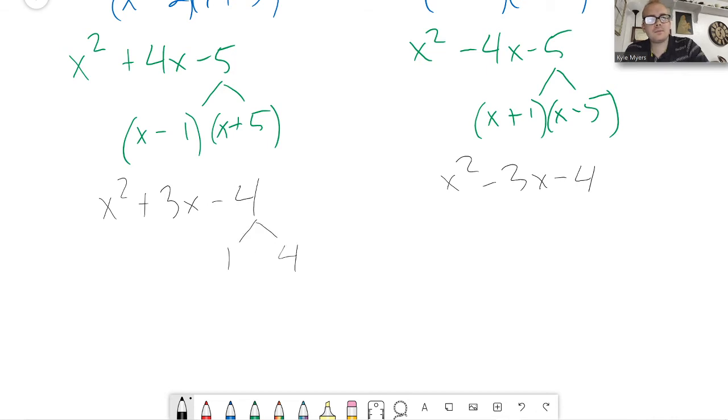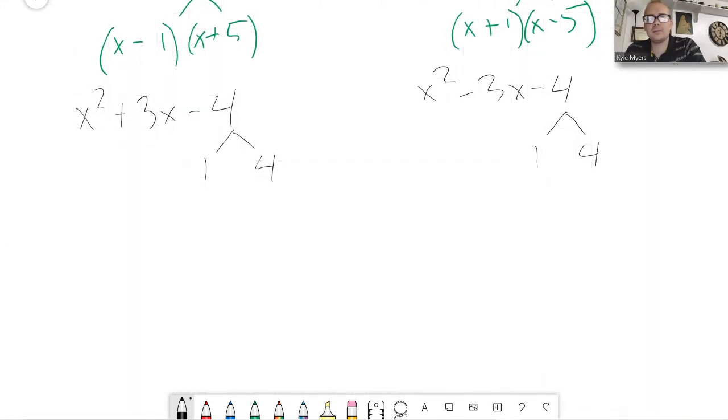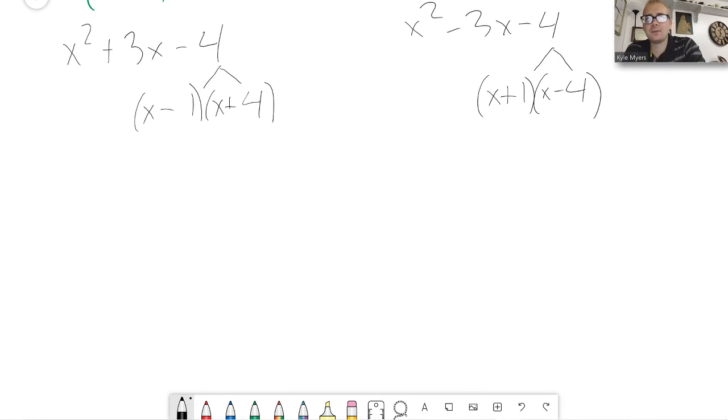1 and 4. This is also a square number, so we will have that unique little thing going on. Minus, plus, plus, minus. And then, of course, and I'll do this here, this would be plus 0x minus 4. And this one could be minus 0x minus 4.